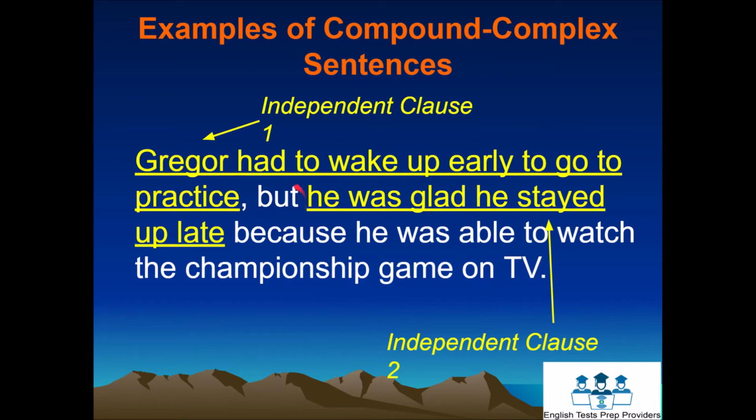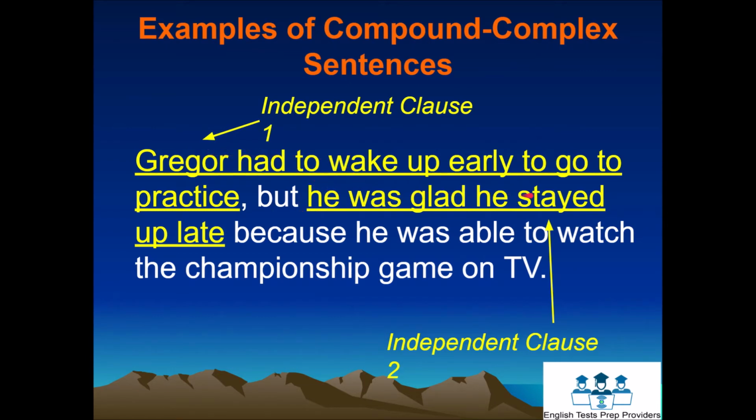And as you have noticed, we have a coordinator, but, preceded by a comma. And the next clause, which is an independent clause as well, is introduced by he. He is a pronoun, and the antecedent of this pronoun is Gregor.